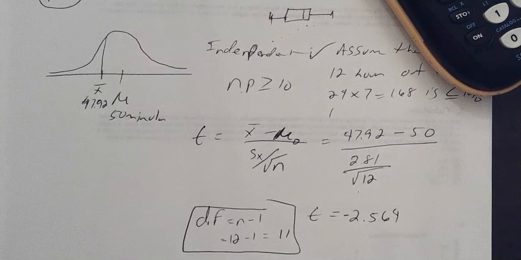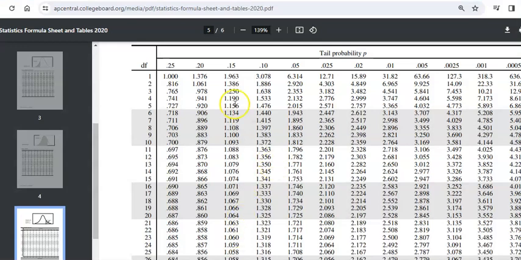So going to the t-table. All right, so the degrees of freedom is 11, is this level, and I'm looking for the t-value to be negative 2.56. So looking around this row for 11, this is 2.39, and this is 2.71. So I'm using the positive in there, and you should be able to do this.